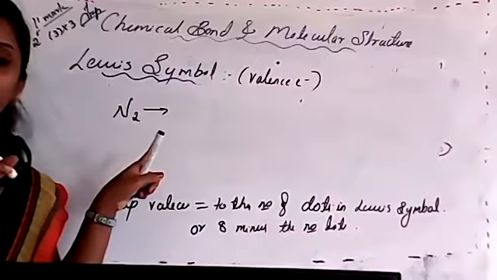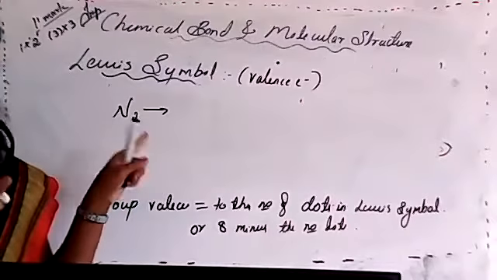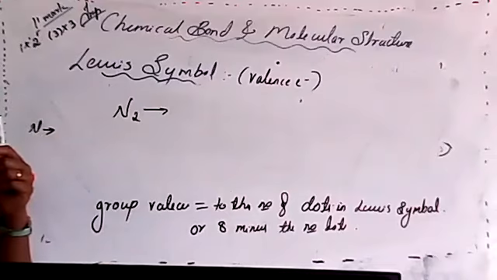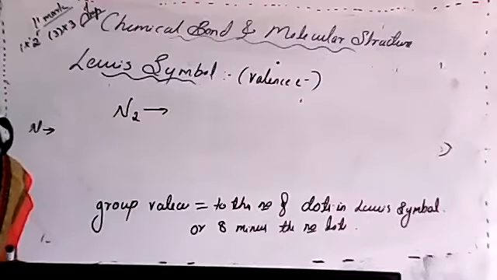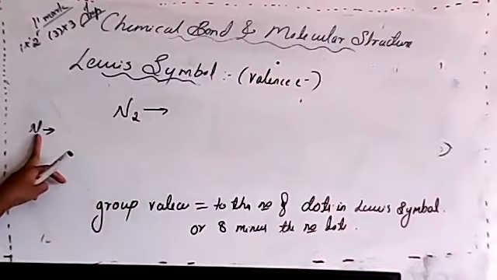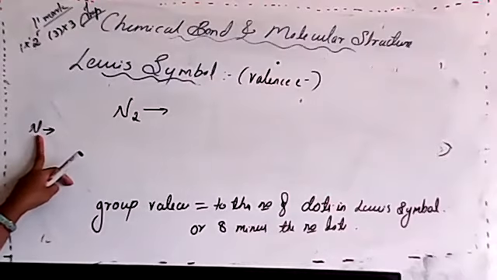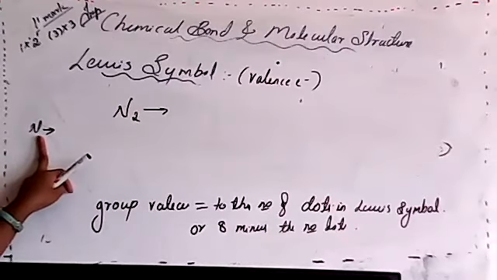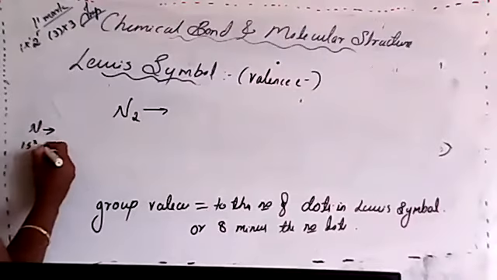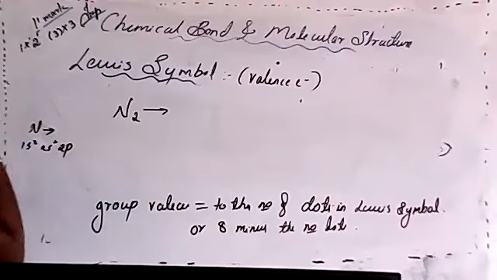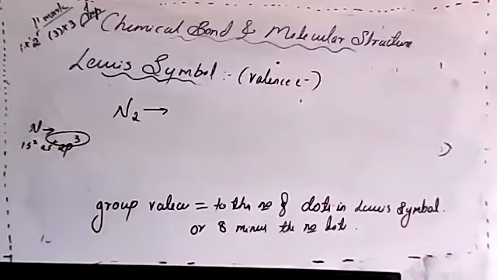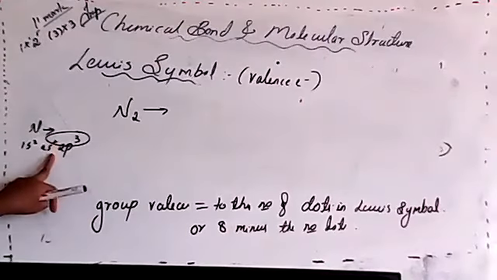For nitrogen, what is the atomic number of nitrogen? 7. 1s2, 2s2, 2p3. Total number of valence electrons, 5.